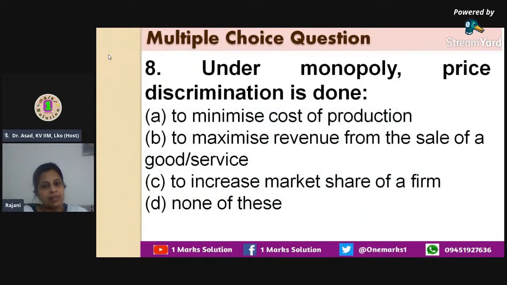The same service, the same product, but charging different prices. That is called price discrimination.